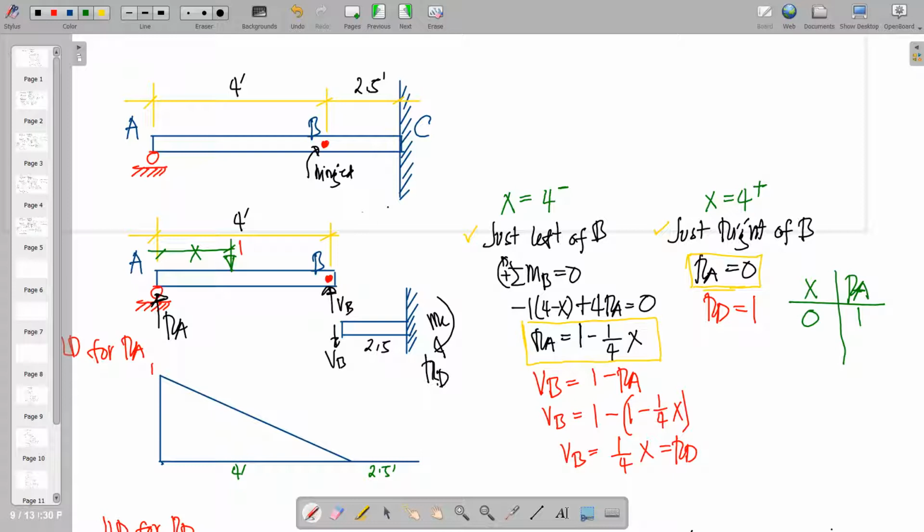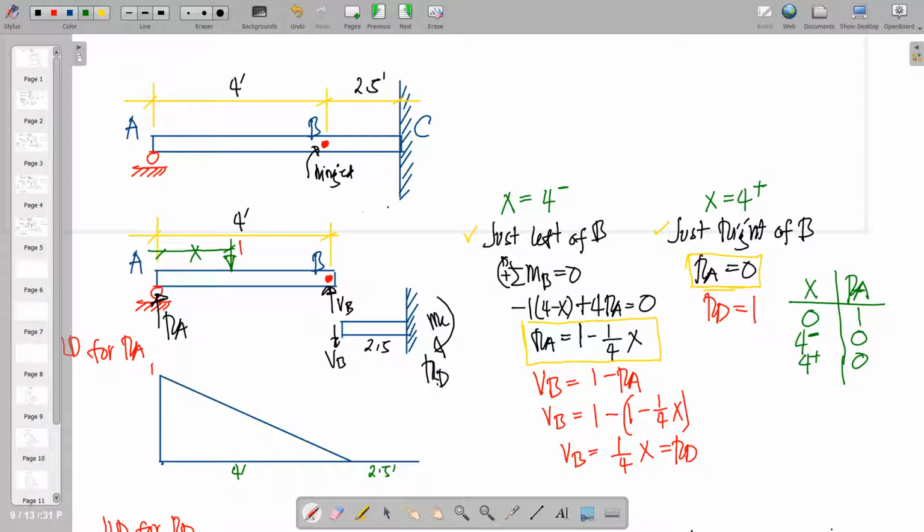When x is 4 minus, meaning it is within B but not greater than B, we substitute x equal to 4 in here. 4 over 4 is 1, and 1 minus 1 is 0. And if we have just right of B, RA will be equal to 0.